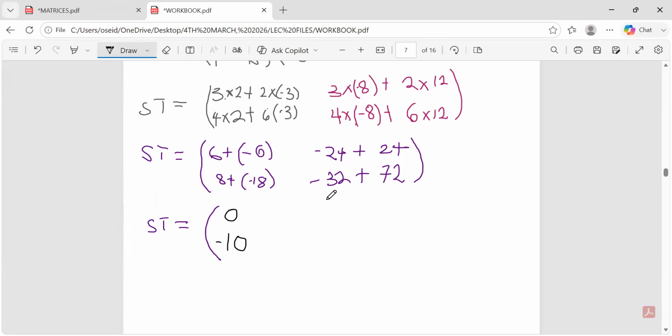Then negative 24 plus 24 will give us 0 again. Then negative 32 plus 72 will give us what? 40. Gives us 40. Then this is our value for ST.